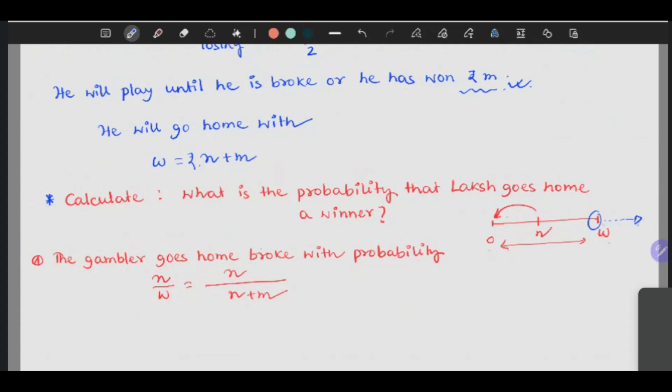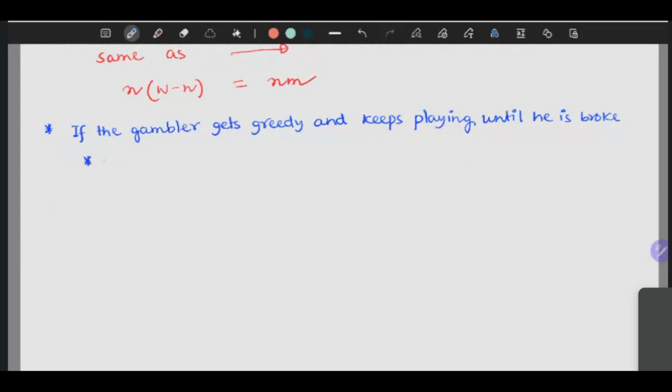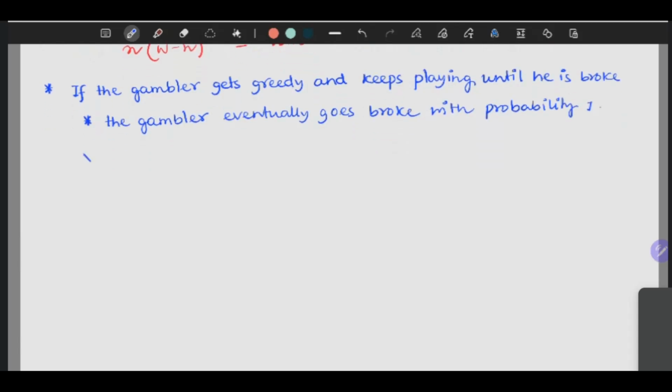That means this will be an infinite problem, similar to the problem we just discussed. So eventually we can say that the gambler goes broke with probability 1.